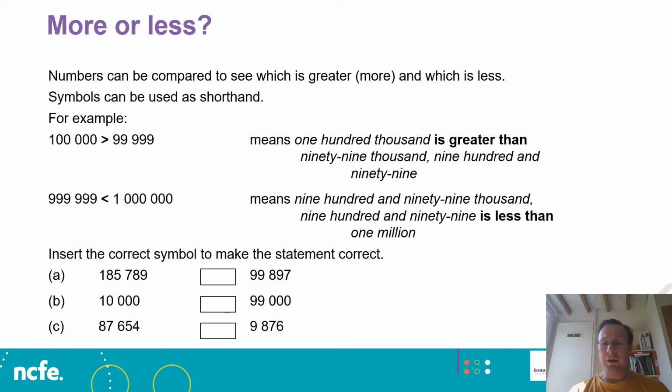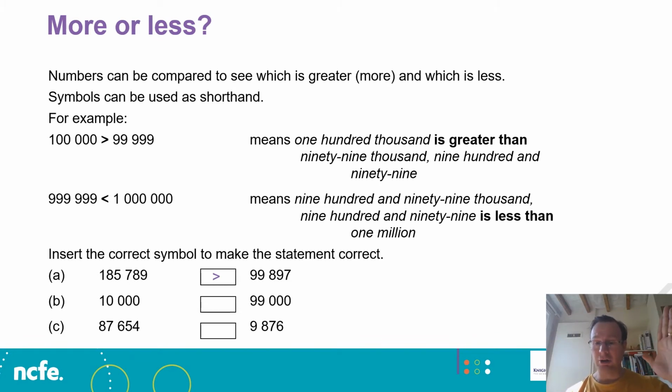So hopefully you've managed to pause and had a good go at those. So remember, we're just inserting the greater than or less than symbol. And we were trying to remember that generally the larger side goes on the side of the larger number. So bearing that in mind, you can see that A is this side.